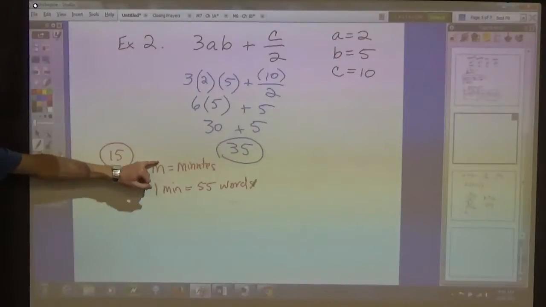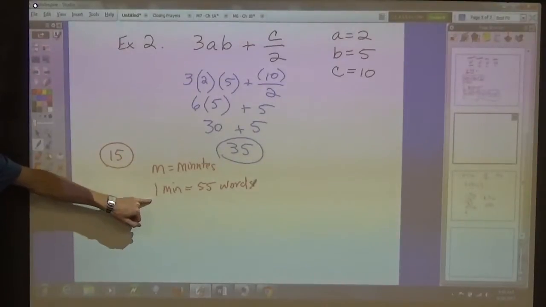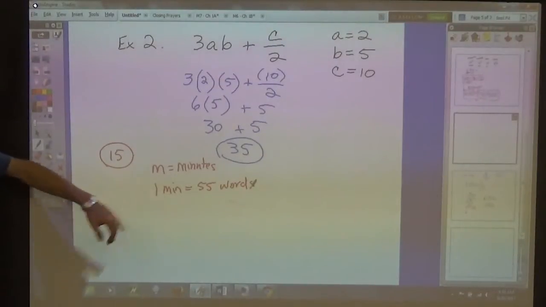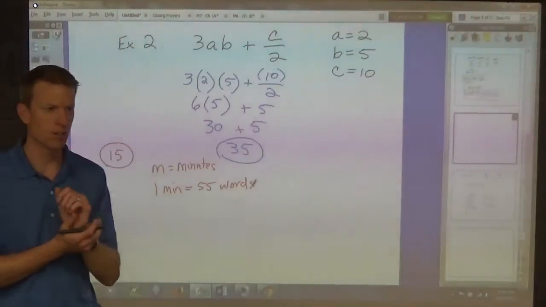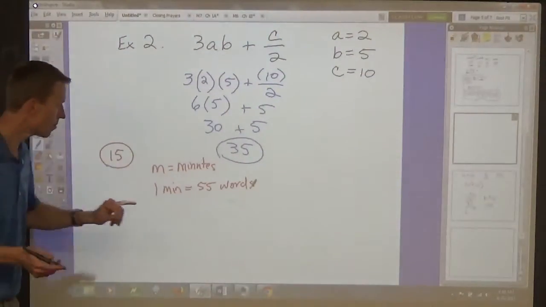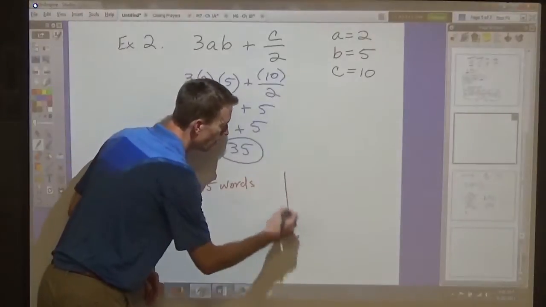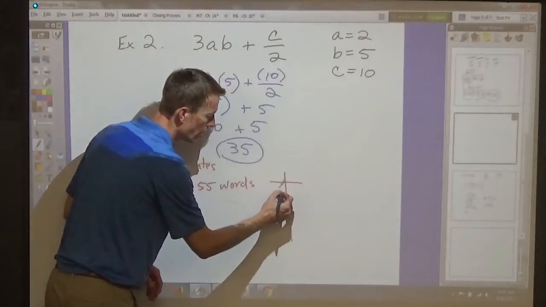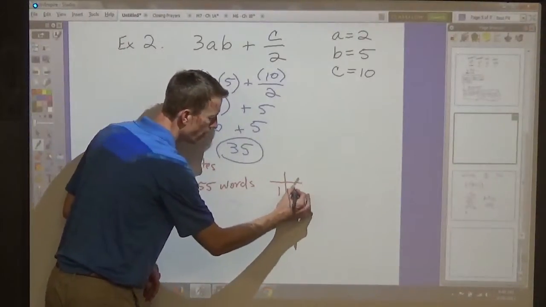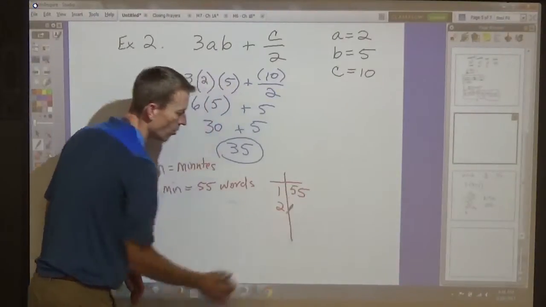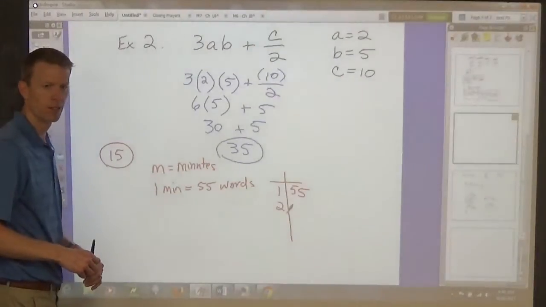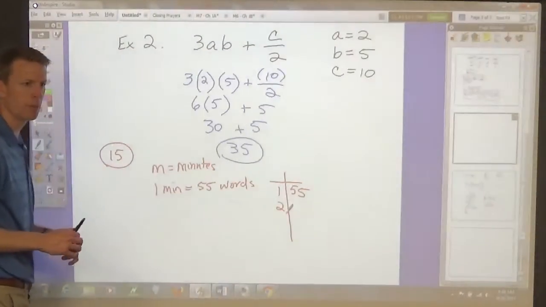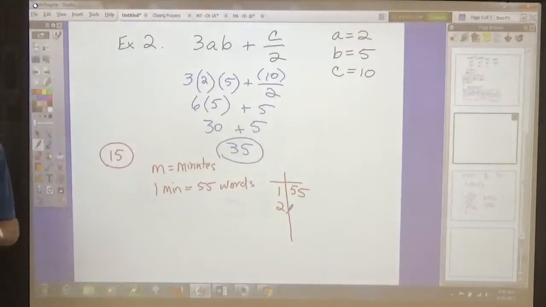Now, what we want to do is take this information and write an expression for how many words they could type in m minutes. So we did this a lot in the previous lessons, where you recognize a pattern using a chart. 1 equals 55 words, so 2 would equal how many? How many words could they type in 2 minutes? 110.